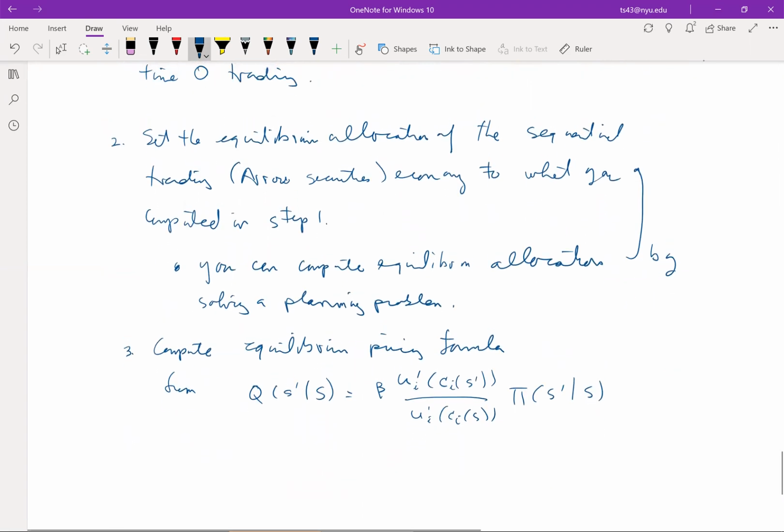Use that formula. Where do you get the allocation from? You get the allocation from up here, the second step.